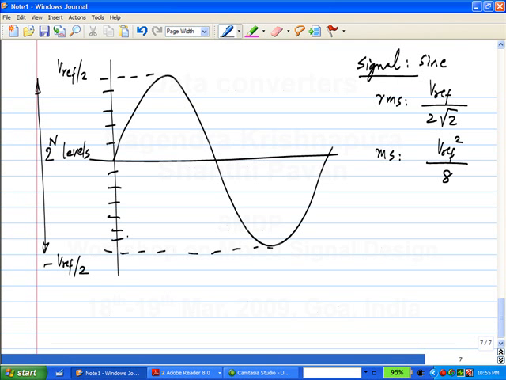What is the quantization step? Over the entire range, I have 2 to the n levels. My range is from minus Vref by 2 to plus Vref by 2. And for the signal, I have fit the largest sine wave that I can fit into this range. So its RMS value is this much. Amplitude is Vref by 2.